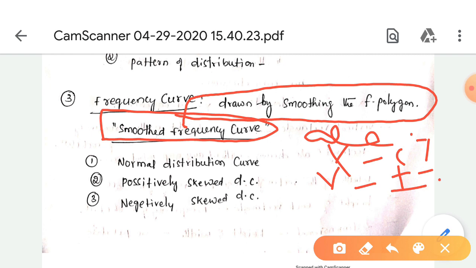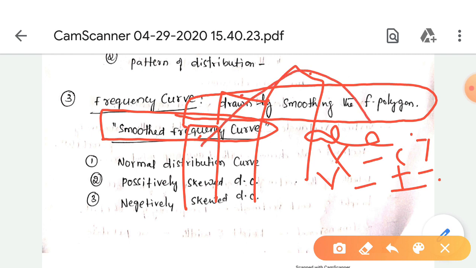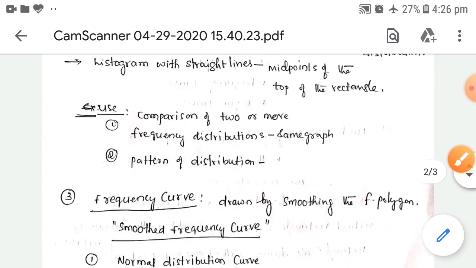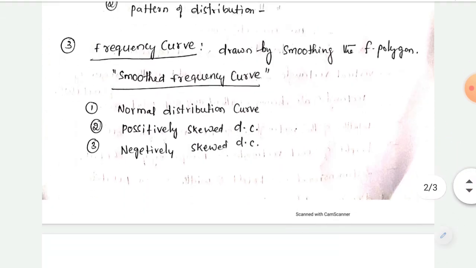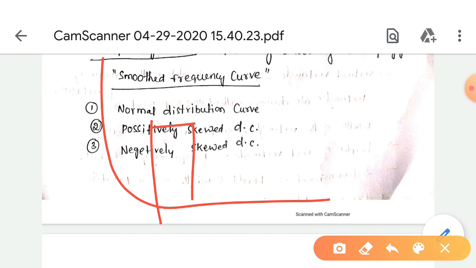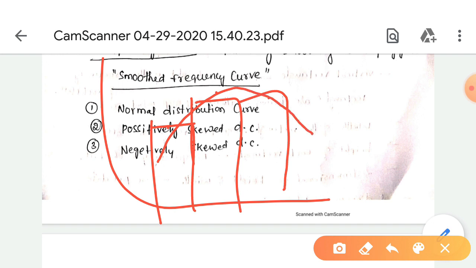Here the midpoints of the tops of the rectangles are joined by a smooth line. So these midpoints will be joined with a smooth curve.